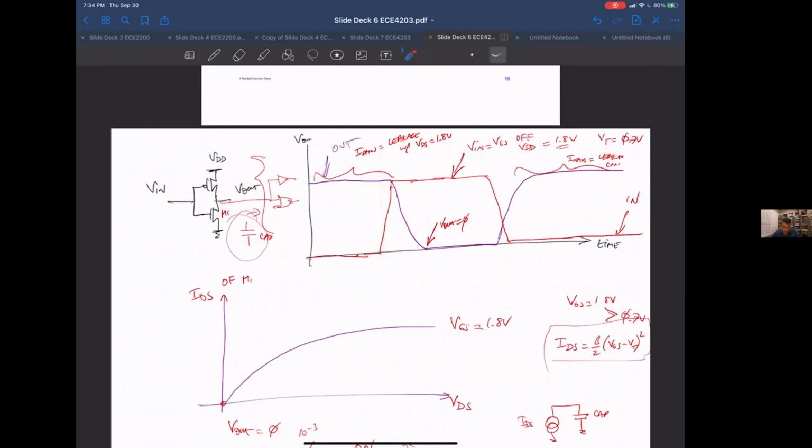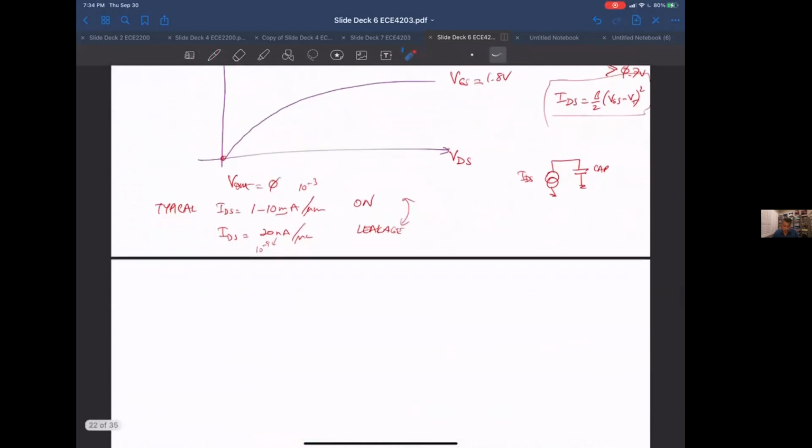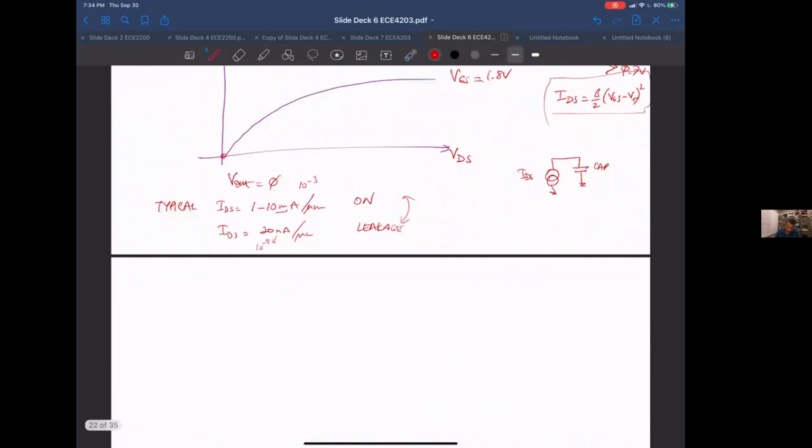The leakage current is active during all the other times, which are much more frequent than the on time. So when you think about it, the thing that makes the most transitions in a chip by definition is the clock.